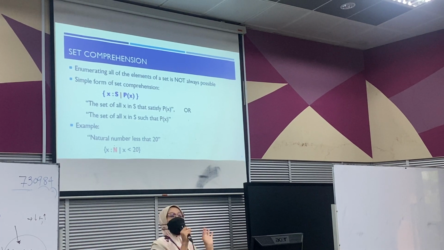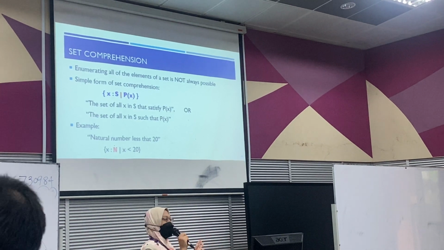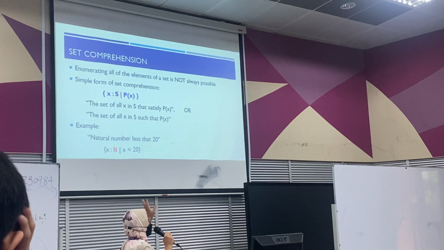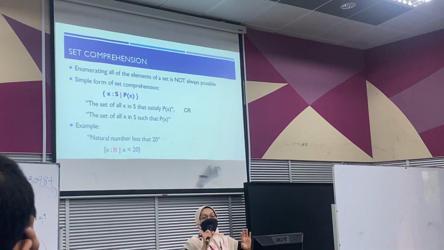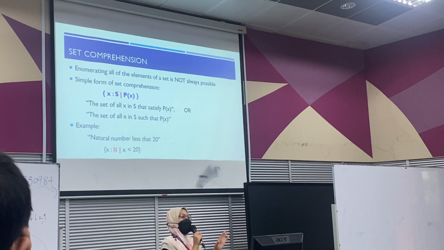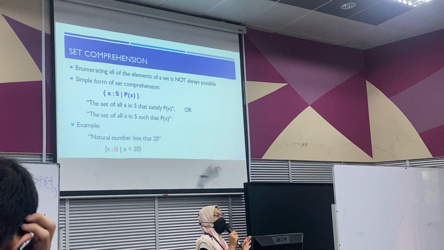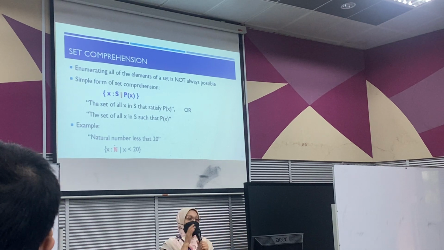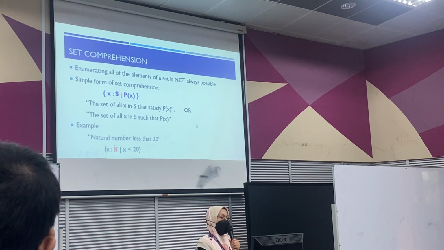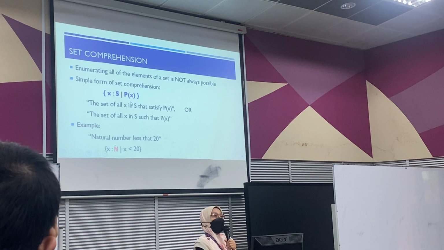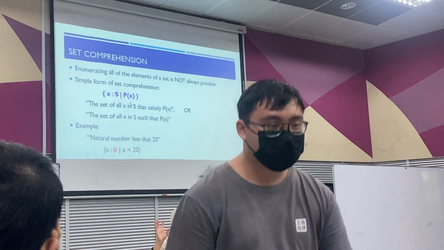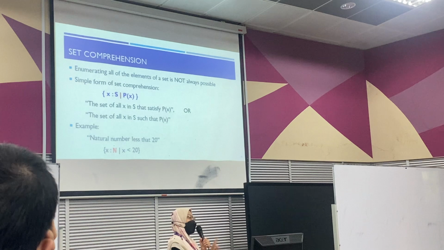Okay, but in this statement, because we haven't done Z declaration and so on, I will use mathematical notation here to make you understand how to use the set comprehension first. For set comprehension, actually the simple form is the one that you used in your tutorial.